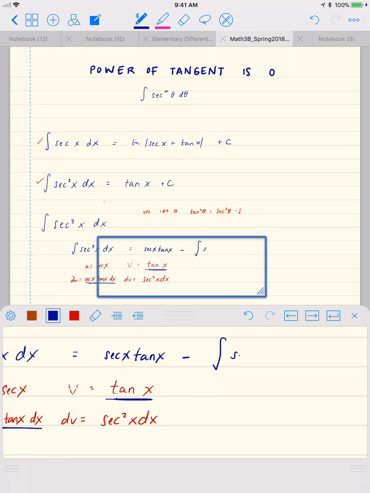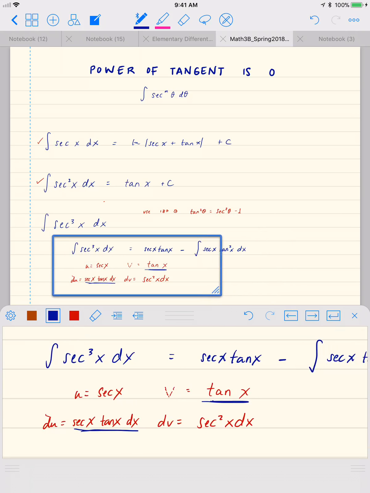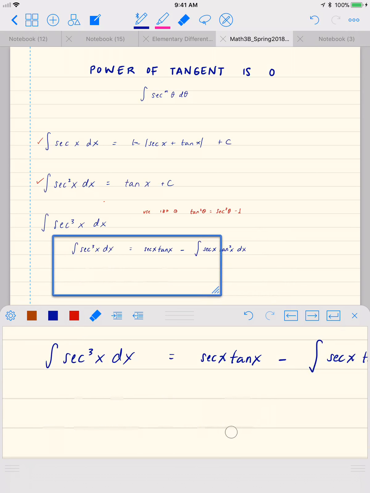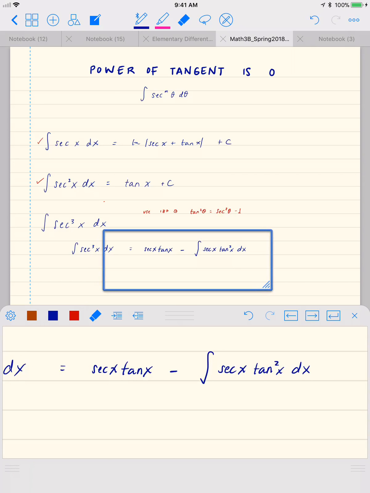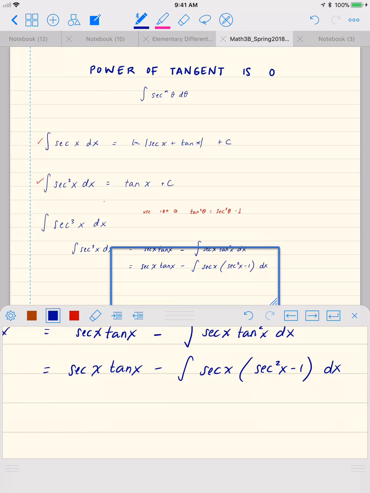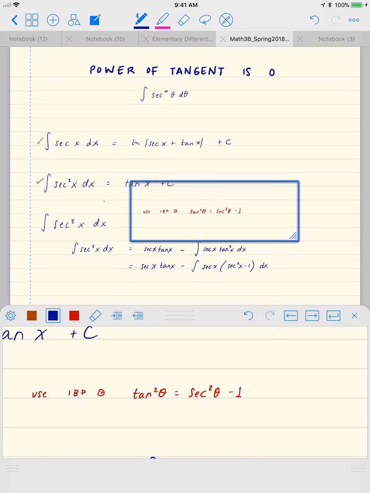So we'll have secant x tan squared x dx. We can write this as secant x tan x minus the integral of secant x times secant squared x minus 1 dx. Why? Because we have our Pythagorean identity.